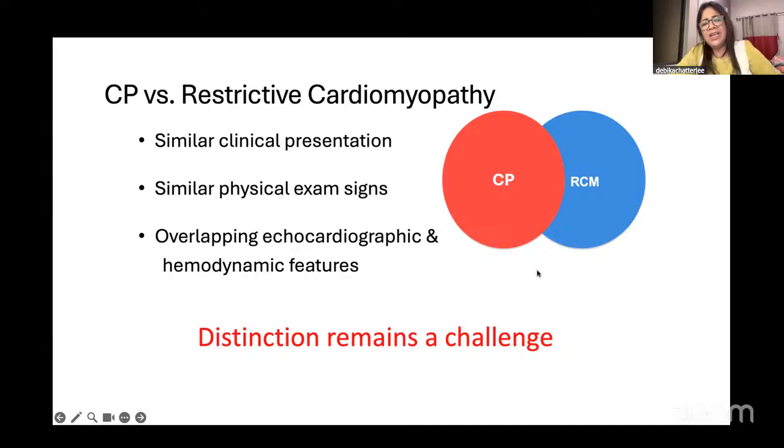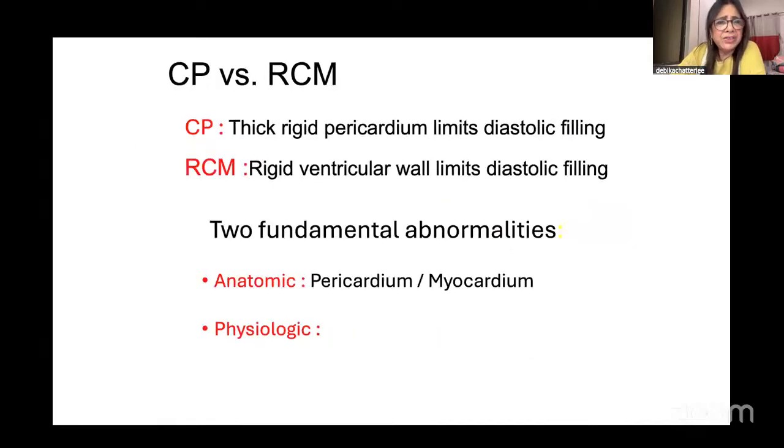So distinction remains a challenge and it has to be done, because constrictive pericarditis is a very treatable condition by surgery. RCM, of course, we can treat with medicine, but it is not always very good. But constrictive pericarditis patients come back to almost normal levels. So it's very essential to differentiate it.